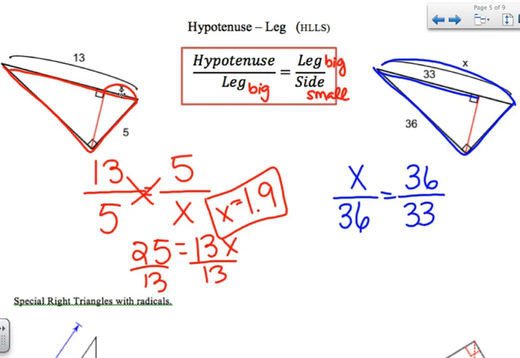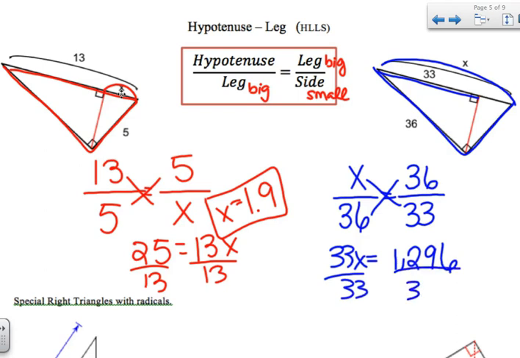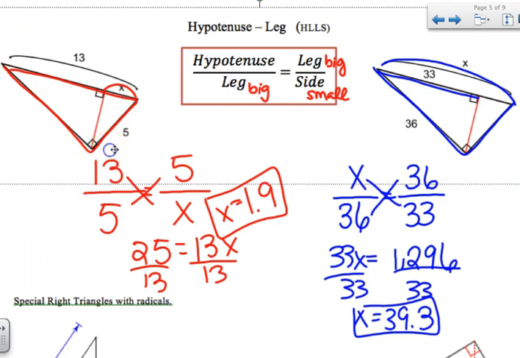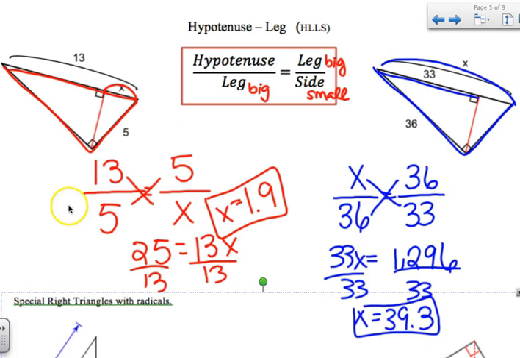Okay, cross multiply again. 36 times 36 is 1,296 equals 33x. Divide by 33. And you should get maybe 79.3. Okay. All right. So those are the two theorems that happen when you have an altitude in a right triangle.